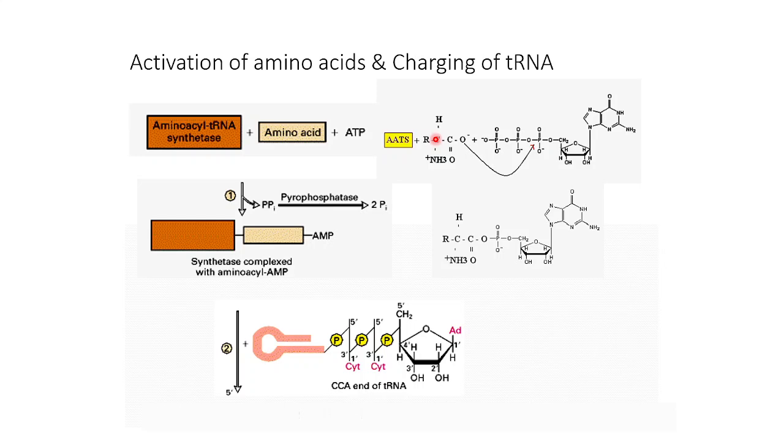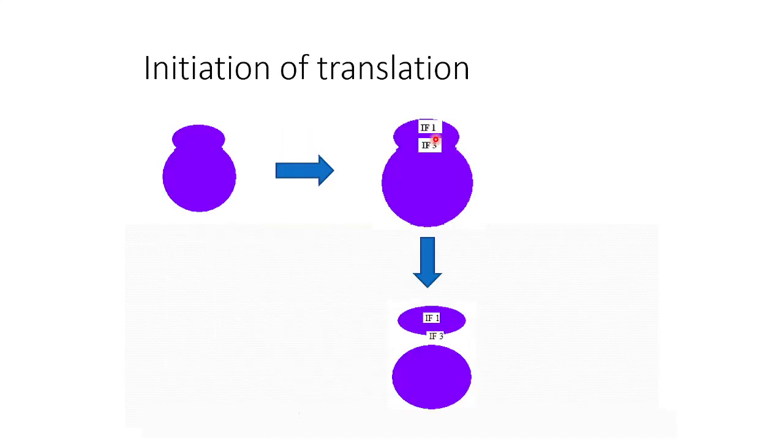These are the steps which you can remember, because what is important is the charging, where you have the amino acid tRNA synthetase, you have the energy source ATP, and you charge the tRNA with a particular amino acid. So every triplet or every codon, every set of 3 nucleotides, will be responsible for the identification of that particular tRNA, and the tRNA is charged with an amino acid that will be transferred.